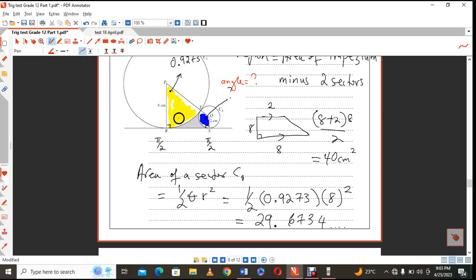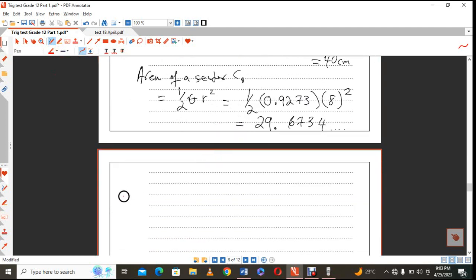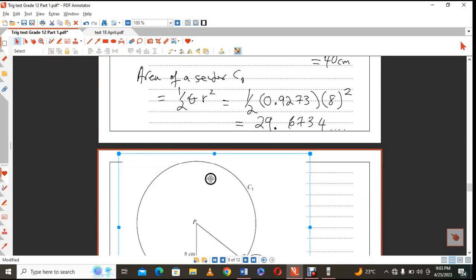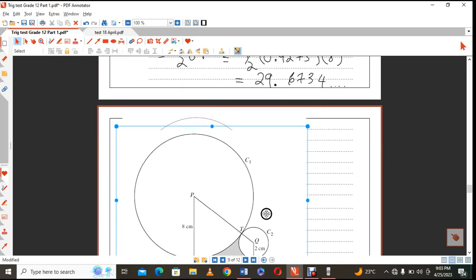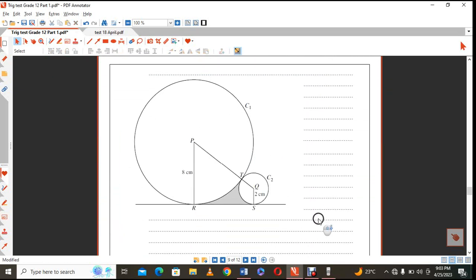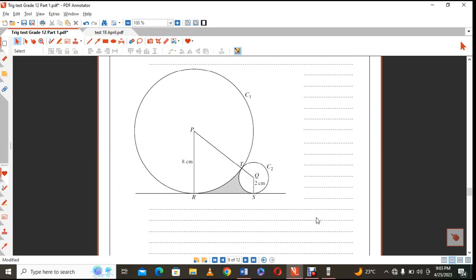Okay, so now if I come back to my drawing, what I now know is this angle here is pi upon 2, 90 degrees.